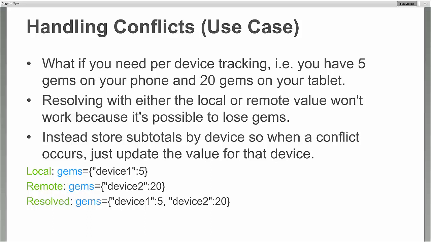So in this case, if you have a key called gem, and you're getting conflicting data, as long as your values contain the name of the device, you should be able to compile those values into a single value, right? So here, local, I have device 1 is 5. The remote says somebody on device 2 has 20. I can consolidate those two values into a single value here using JSON.